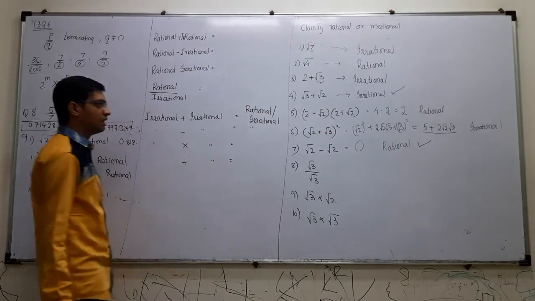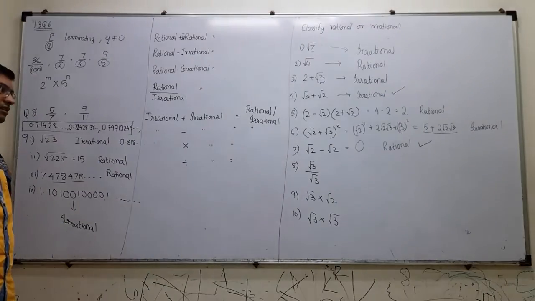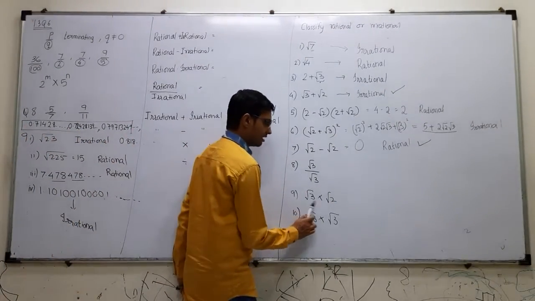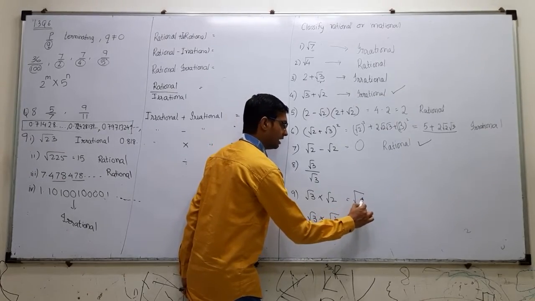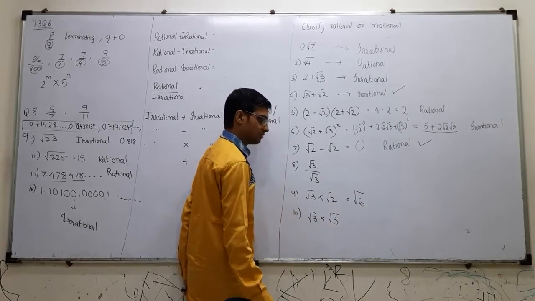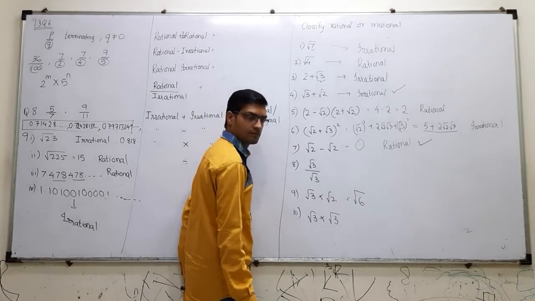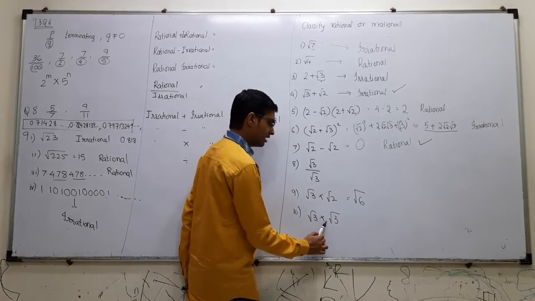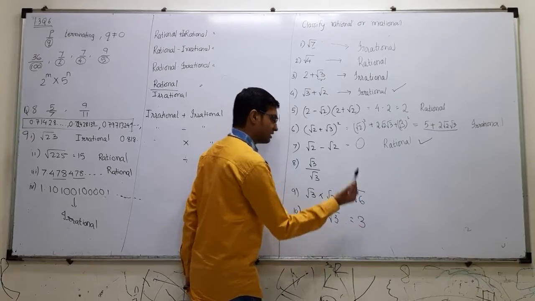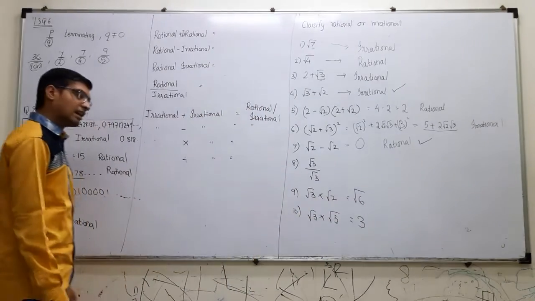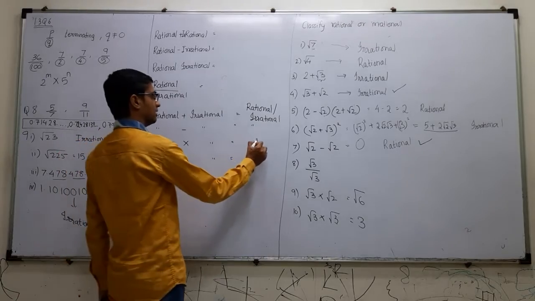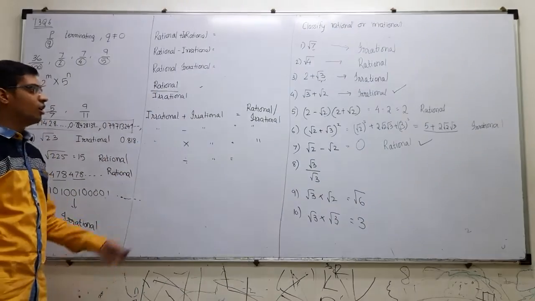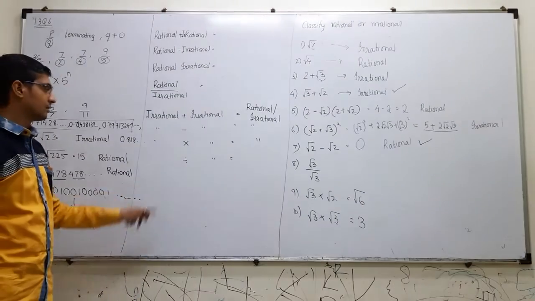It can be rational or it can be irrational. Then irrational into irrational. See here. I am getting root 6, again it is irrational. Then irrational into irrational, I am getting the answer as 3, which is rational. Sorry, irrational into irrational will be irrational or rational.